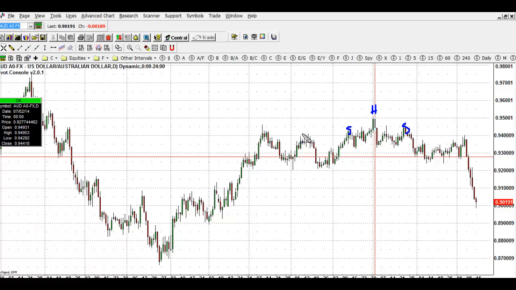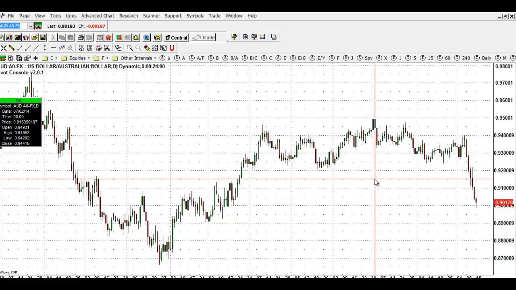Some folks have called this the shoulder, over here the shoulder, and up here the head. But as you can see, the general principle is that it's a head and shoulders top pattern, and the market broke significantly below the neckline, which is denoted by this blue line.